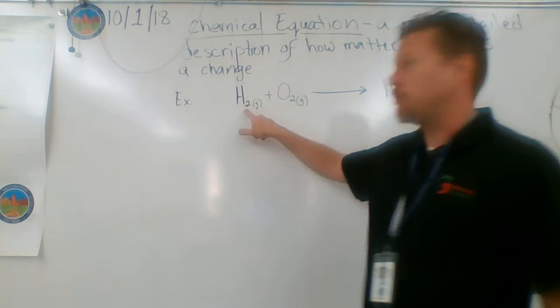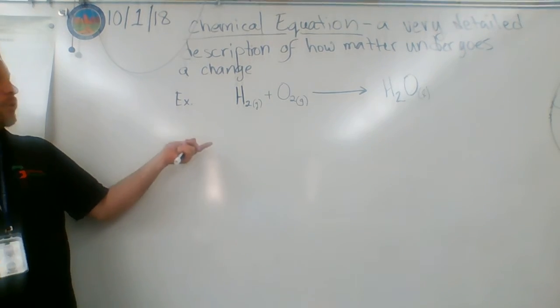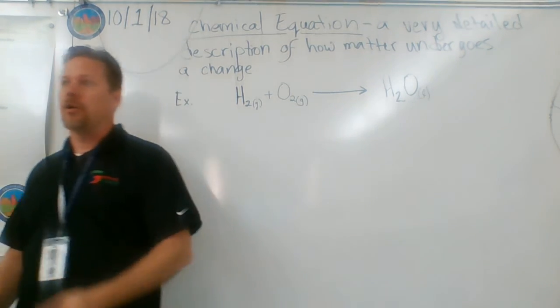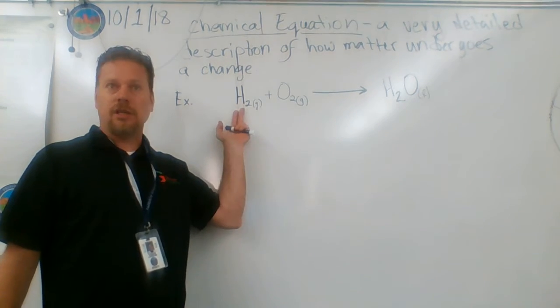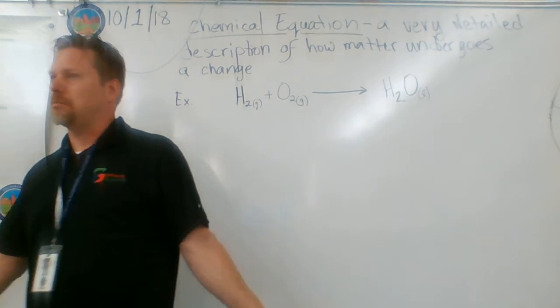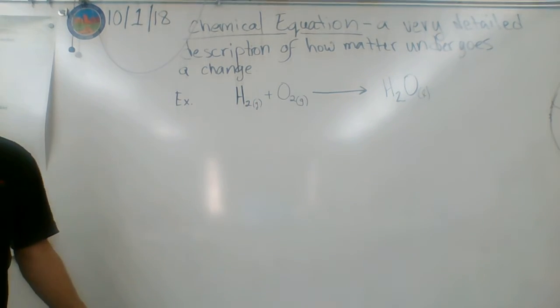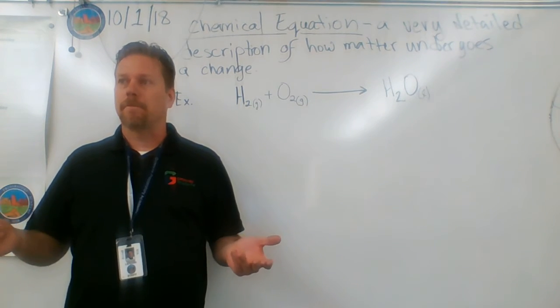If I had two hydrogens and two oxygen atoms, would it make a water molecule? Is that possible? To have two of these and two of these make one of these. Is that even possible? Would that even happen? Something seems really wrong there.